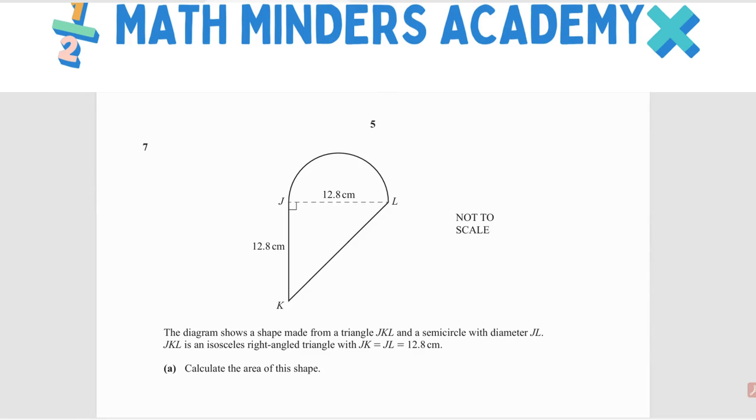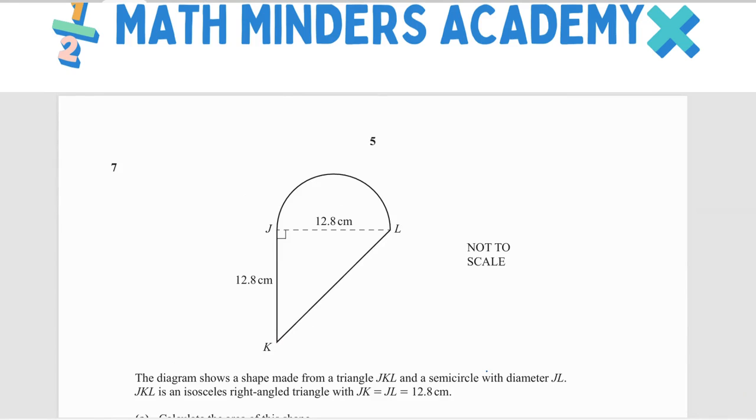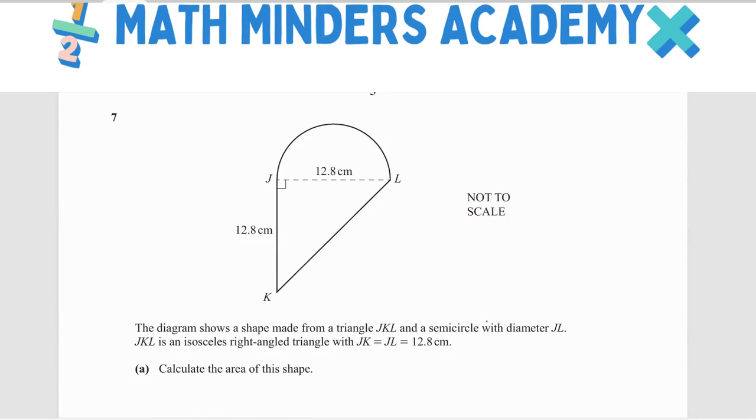Let's proceed to question number 7. The diagram shows a shape made from a triangle JKL and a semicircle with diameter JL. JKL is an isosceles right-angled triangle with JK equals JL, which is equal to 12.8 centimeters. A, calculate the area of this shape.